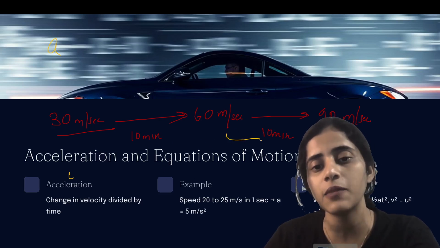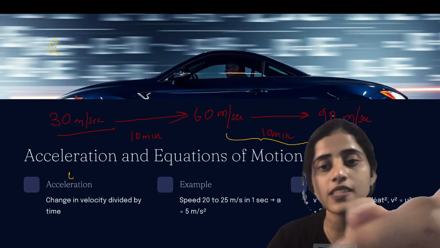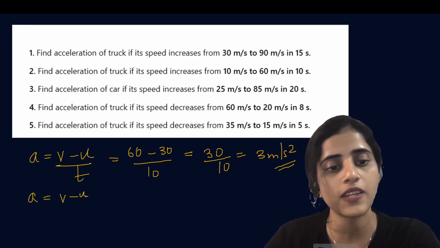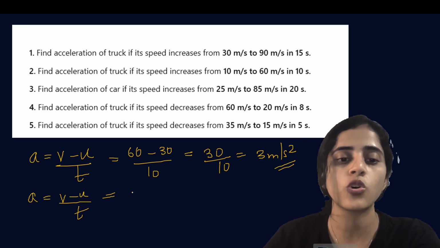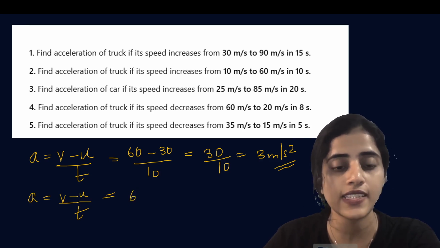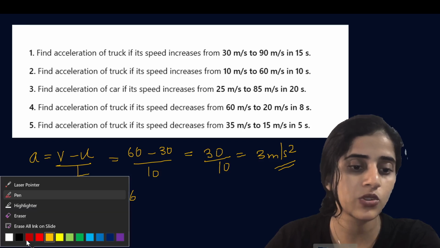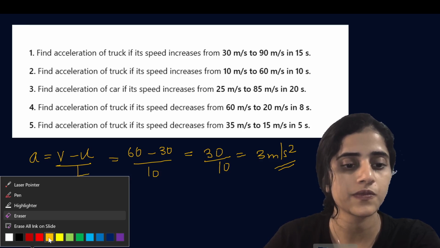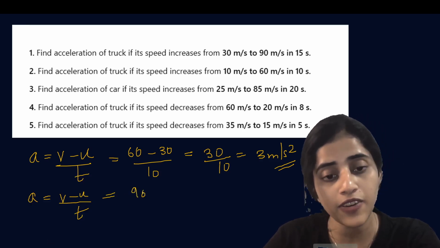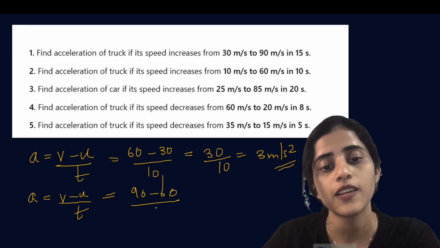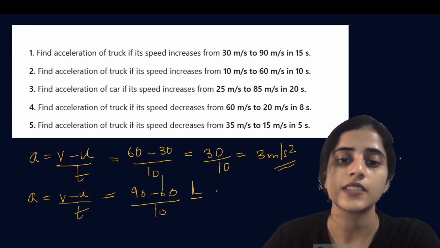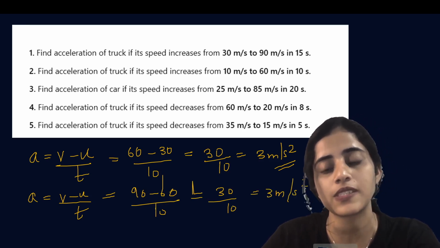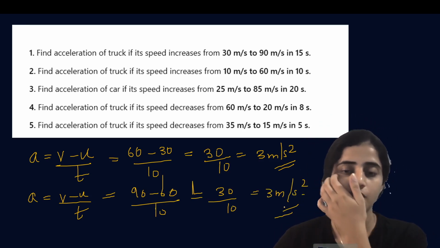Now in the second 10 minutes, I take initial to be 60, final to be 90. Okay. So acceleration is again v minus u by t. So 90 final, 60 initial by 10. This is again 30 by 10, which is 3 meters per second square. Okay.